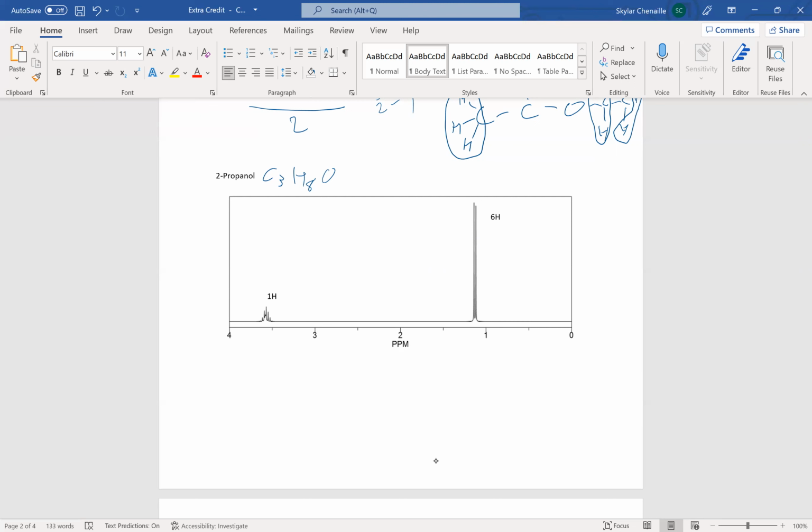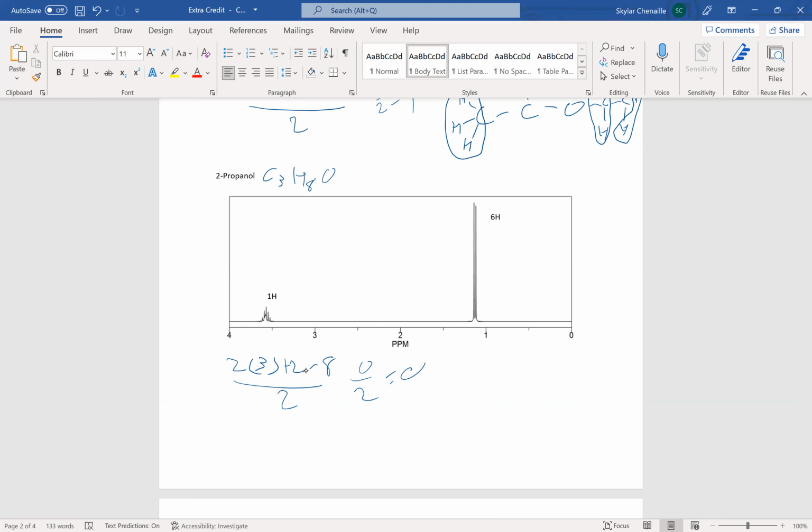So that's going to be 2, and we have our 3 carbons plus 2 minus our 8 hydrogens divided by 2. So we know that this up here is going to be 0, and 0 divided by anything is still 0.